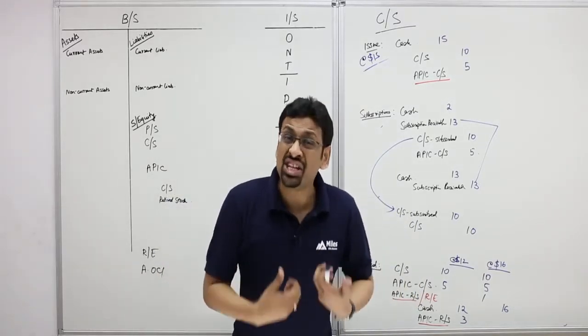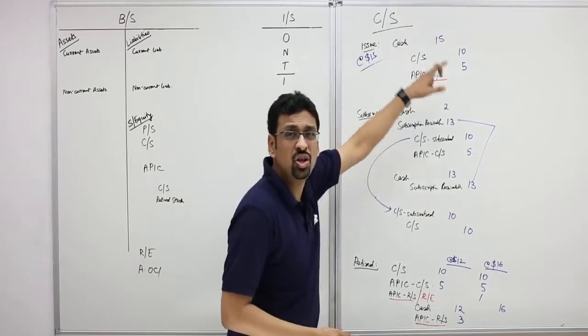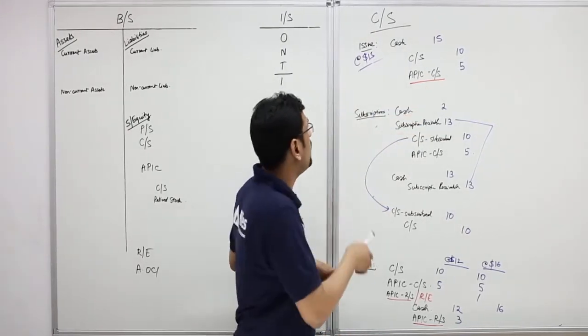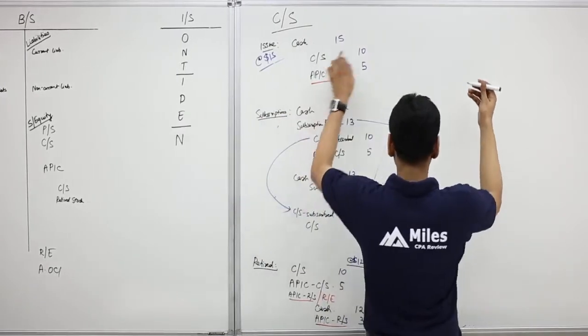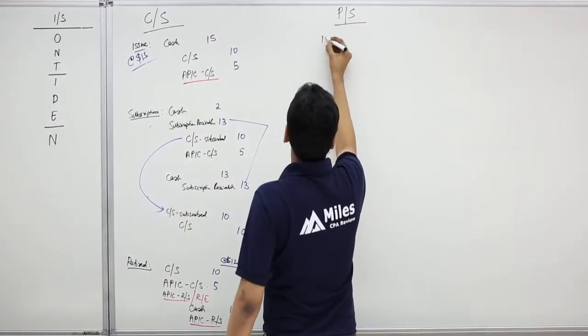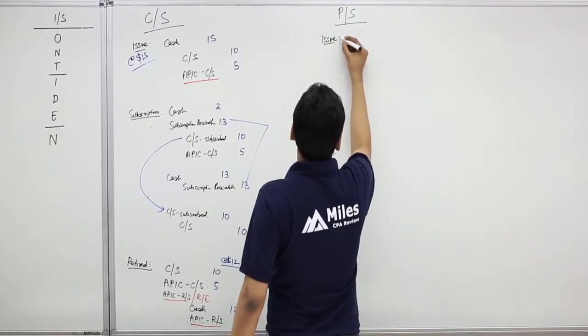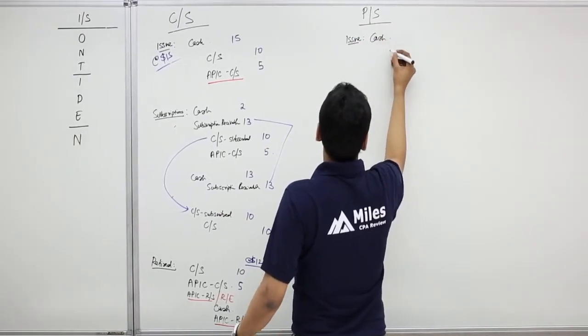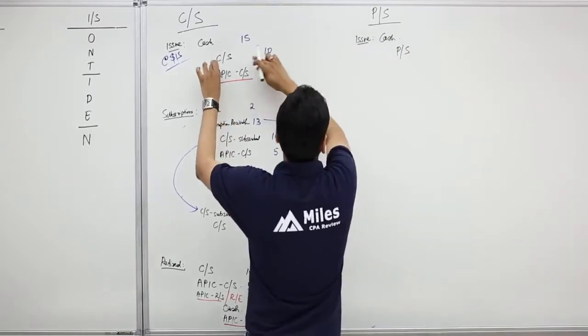Now, when you issue preferred stock, it's a similar journal entry as you have here. So let's put that down there. So this is common stock. Now let's talk about preferred stock. So when you issue preferred stock, again, you're getting in cash. The credit is to preferred stock.